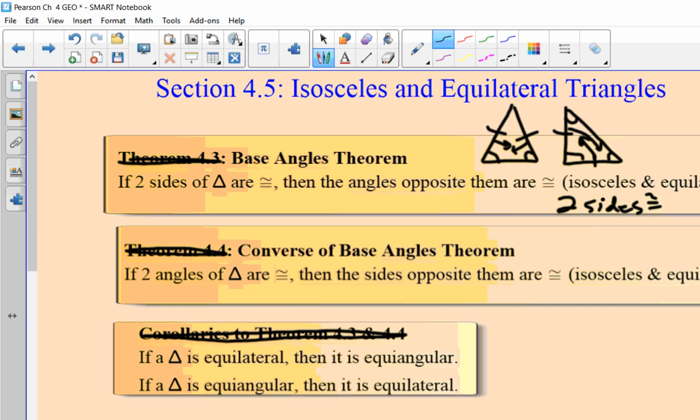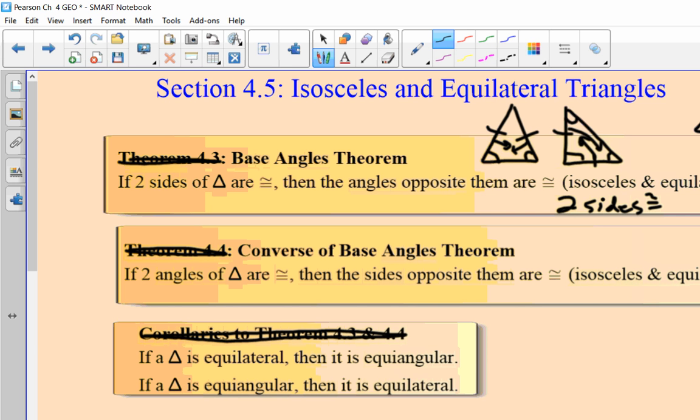For equilateral, you would have a triangle where all three sides were the same measure. So therefore, if all the sides are equal, then all the angles would have to be equal. That makes sense, and it's the only way you could draw a triangle like that.